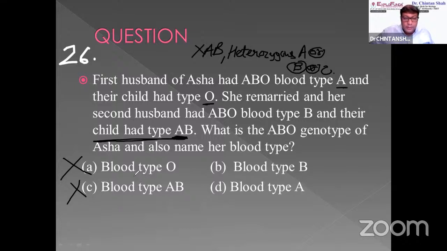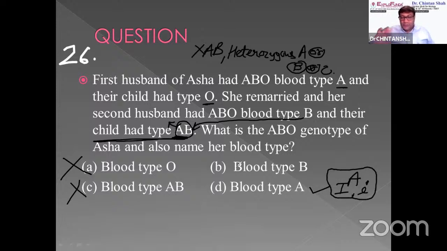So that's what it is. Because the child is AB blood group, the child inherited B from the father. Then A should be from Asha. Then only is it possible that the child will have AB blood group, and that's why I am favoring A, and that is heterozygous A. So I can even make this question in this way, whether it will be homozygous A blood group or heterozygous A blood group.